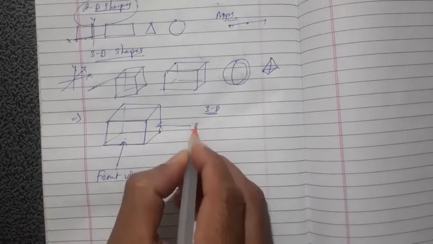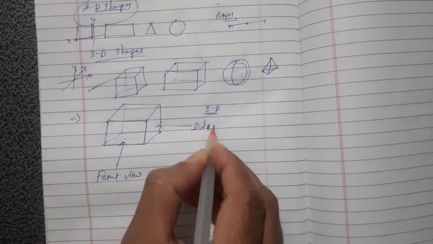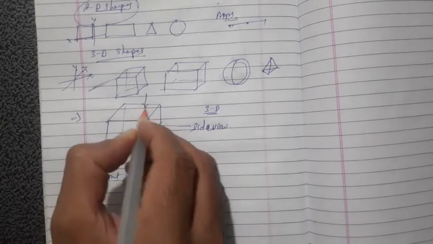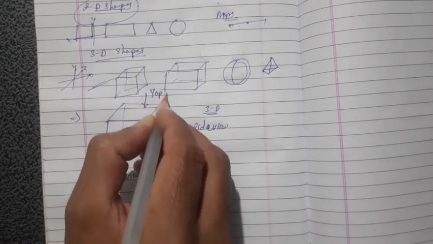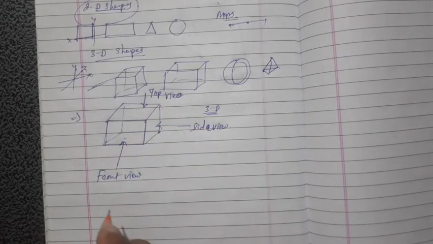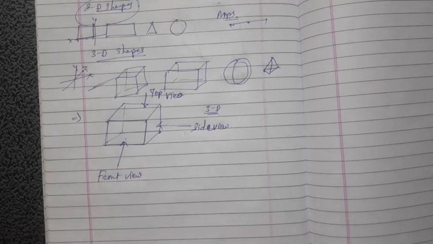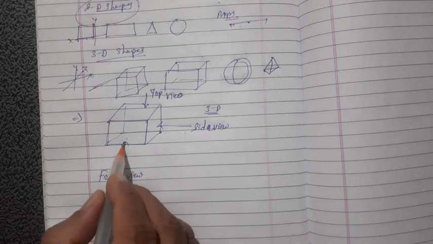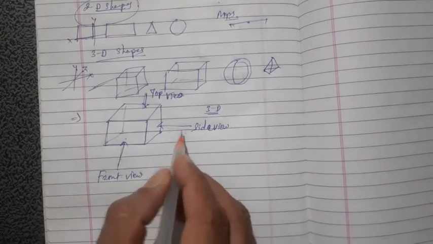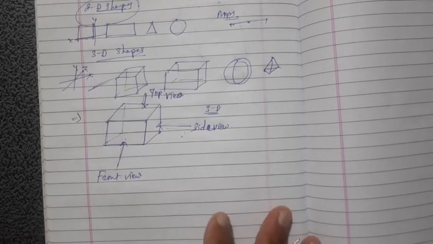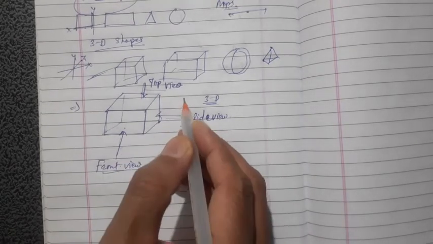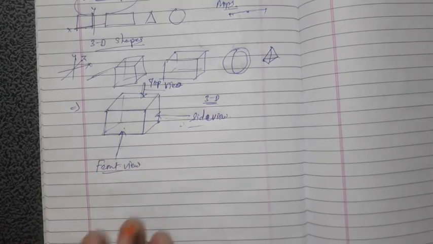This side is the side view, and this one is the top view. These are the three views from which we look at an object: front view, side view and top view.